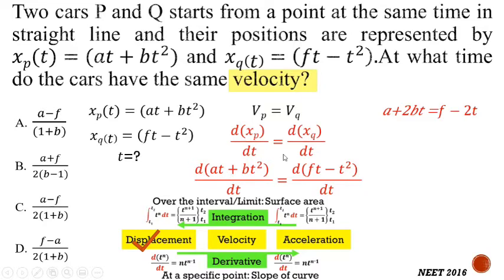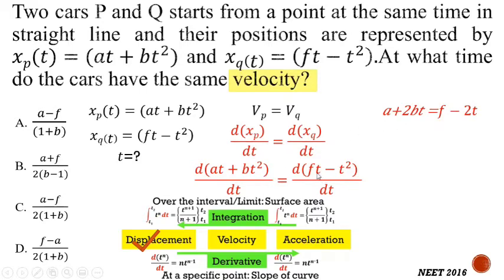Here we can see again this term has power 2, so multiplying by the power, that becomes 2b, and reducing the power becomes 2 minus 1 equal to 1. The output of the differential operation is a plus 2bt.